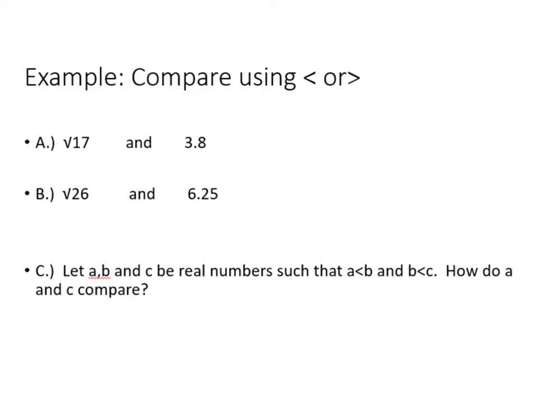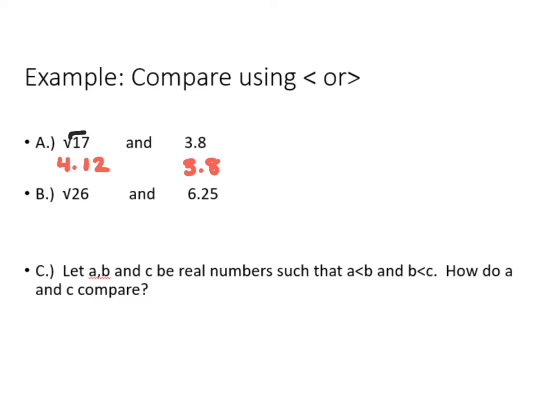Now in order to compare numbers, we need to first change them into decimal. Now this is really the square root of 17. And if you plug the square root of 17 into your calculator, you would get 4.12. And this number stays as 3.8.